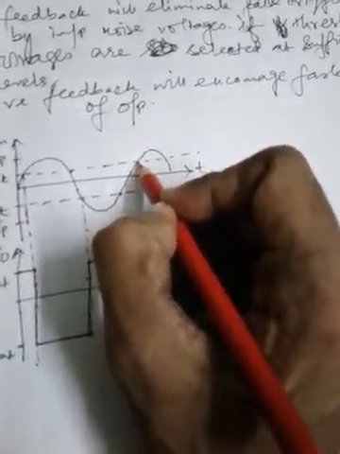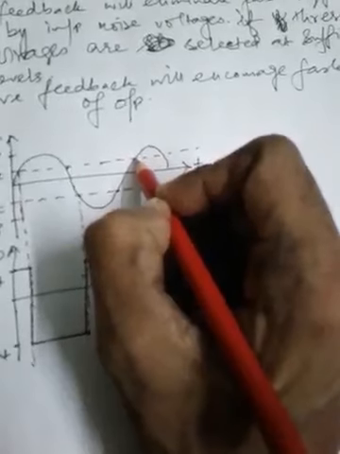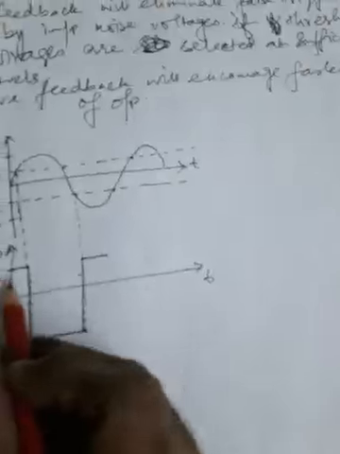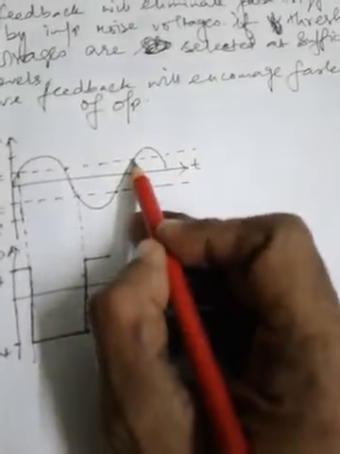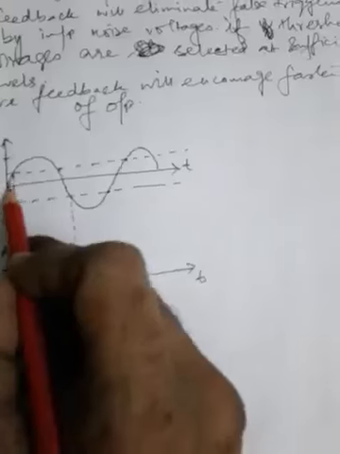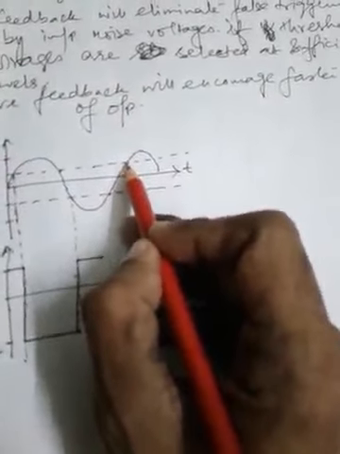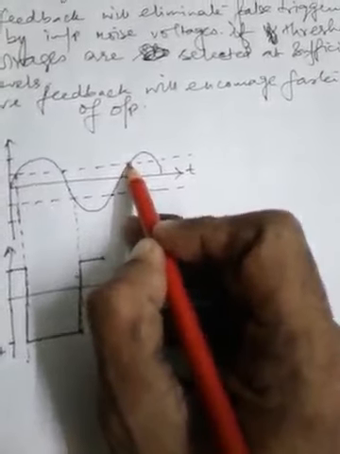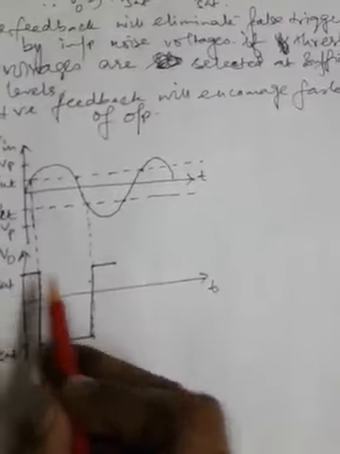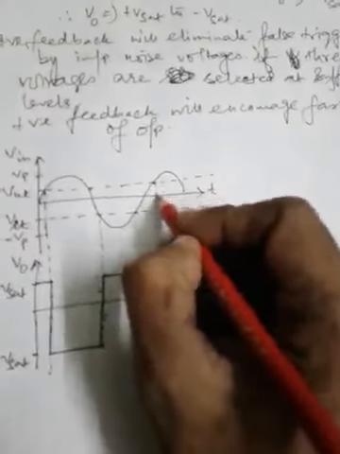Because, as we have seen earlier, when it is once again rising, Vin keeps rising till it reaches the VUT, the upper threshold voltage, and the output maintains the positive saturation level, likewise as earlier we have seen here. So it will maintain like this till this point.